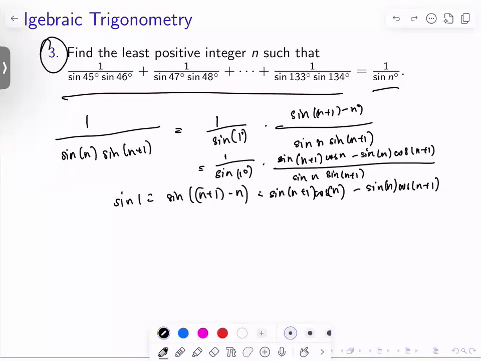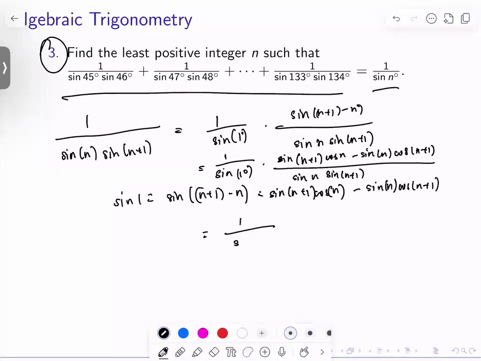Basically we're just multiplying it by 1, because that's what this reduces to. So we're multiplying it by sine 1 degrees over sine 1 degrees, and these two are just equal. And when you expand that, we get this nice fraction right here. And so by rewriting it, we can re-express this fraction.